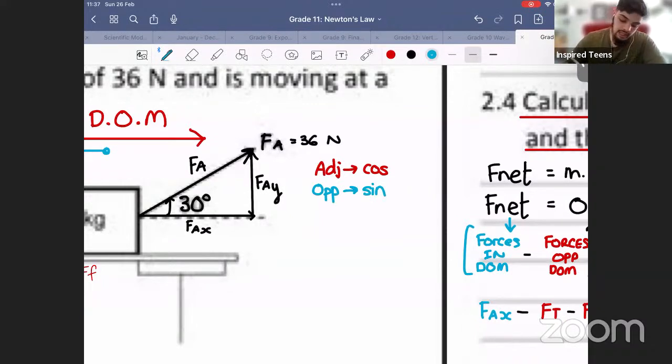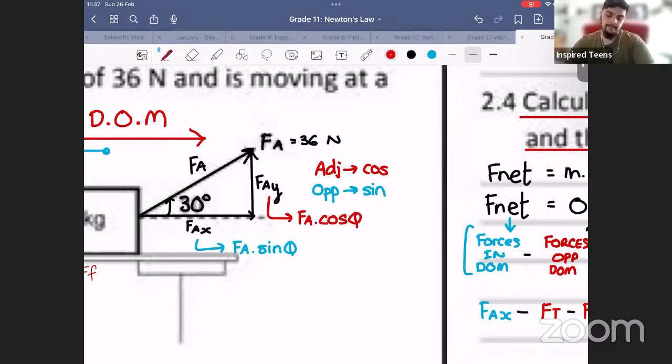You are going to say the formula for FAX is going to be F applied times sine theta. The formula for FAY is going to be F applied times cos theta. Just remember that. Any force when breaking into its components is going to be that force itself multiplied by either sine or cos of the angle, depending on whether it's adjacent or opposite to it.